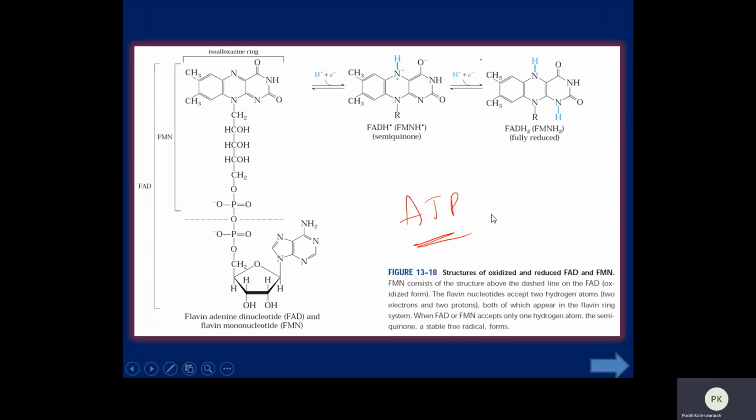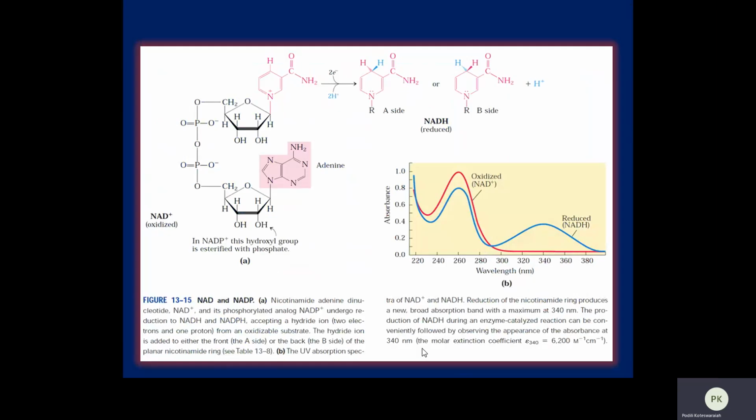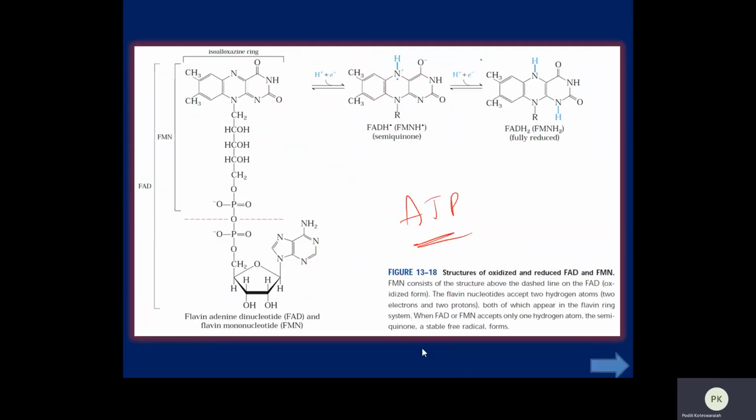Because all these 10 NADH and 2 FADH2 molecules are high energy reducing equivalents, they transfer their electrons to the molecular oxygen through the electron transport chain in order to form the high energy molecule ATP.